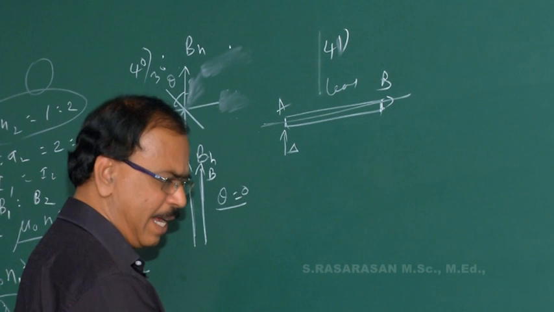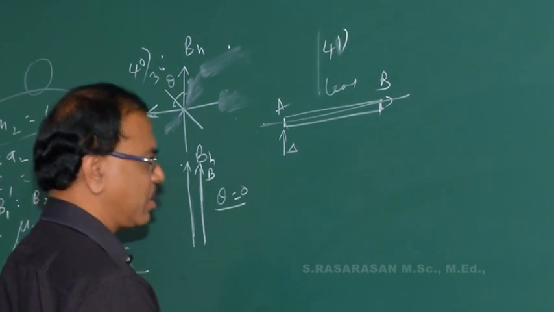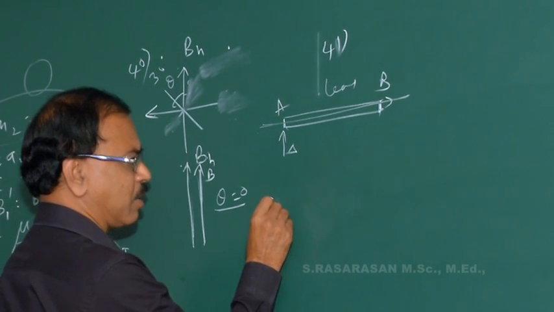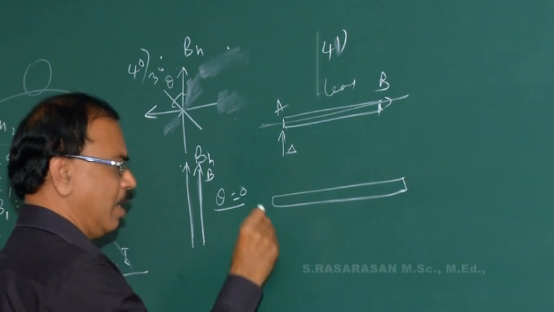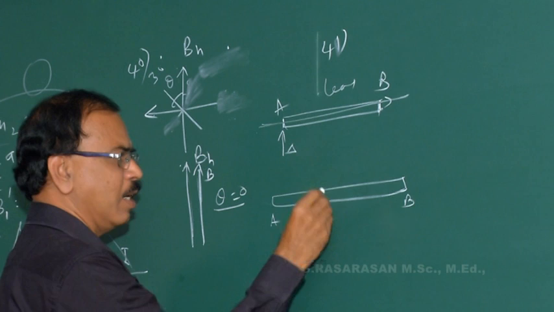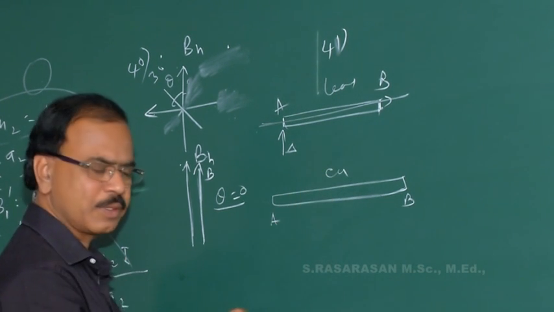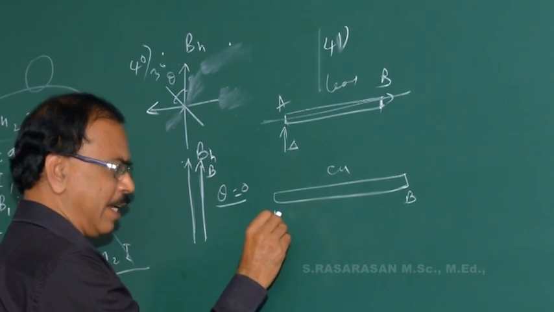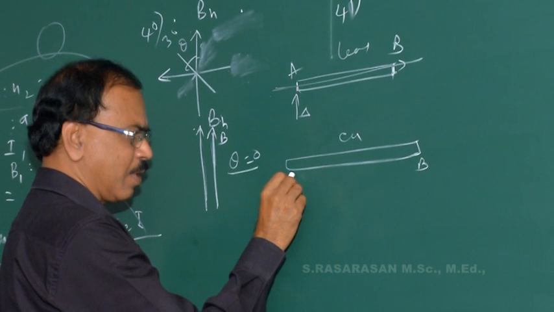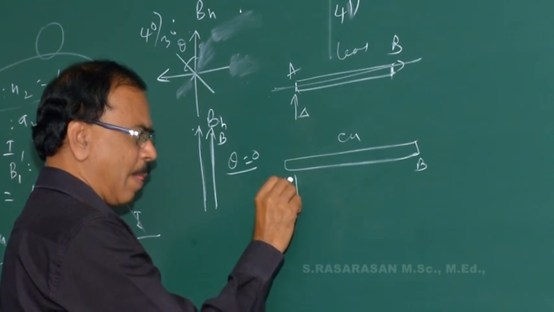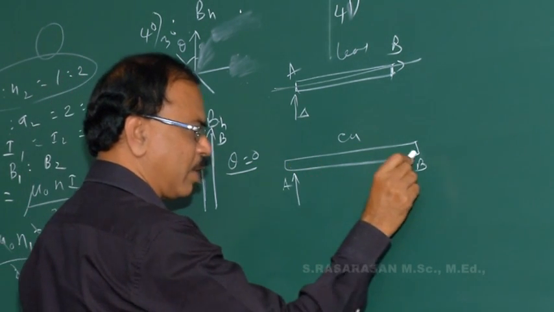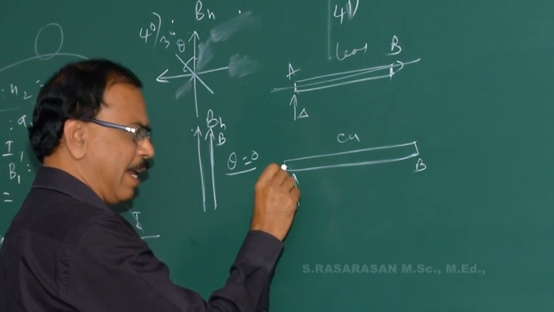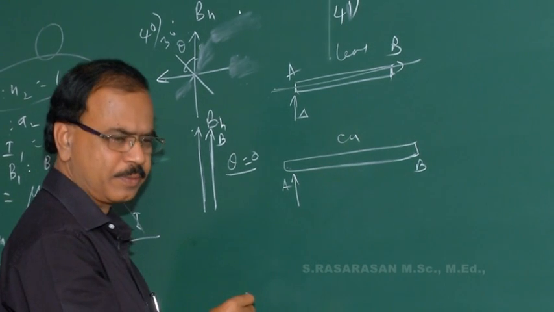That is, the rod is maintained at different temperatures. Say for example, this is one rod AB, let it be copper. When end A is heated and the heat is transferred to this point also, meaning higher temperature, lower temperature.